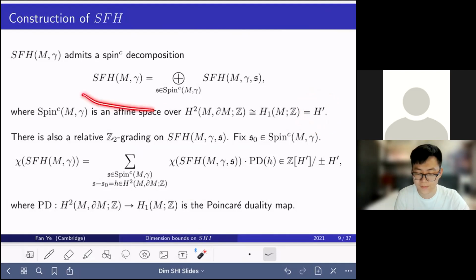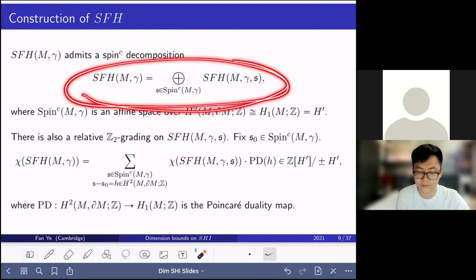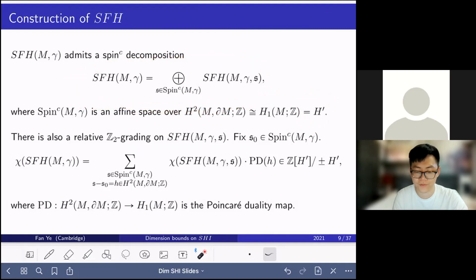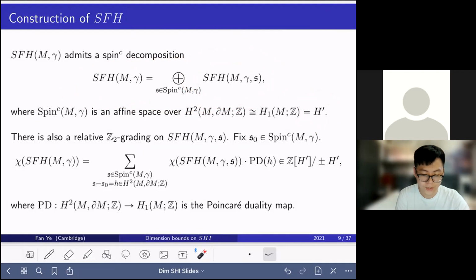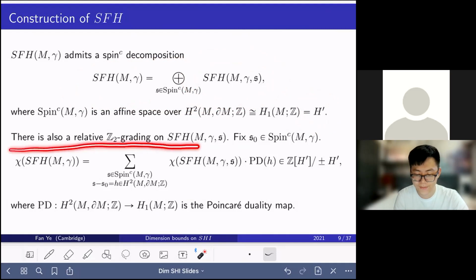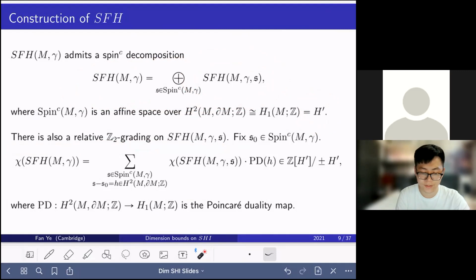The decomposition means the vector space, or the Z-module, can be decomposed into a direct sum of these subgroups or subspaces. There is also a relative Z2 grading on SFH, and then we can define the Euler characteristic. This is not the usual Euler characteristic; it is defined by both gradings, so it is indeed a graded Euler characteristic.